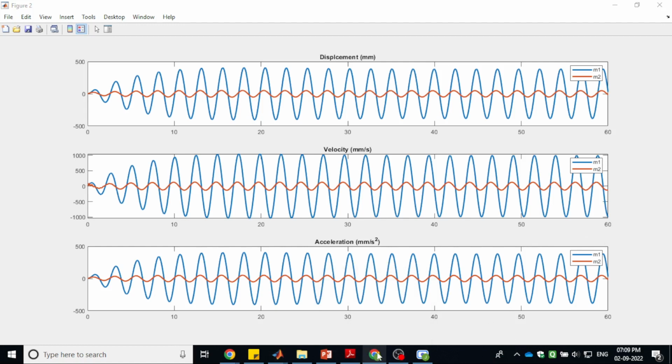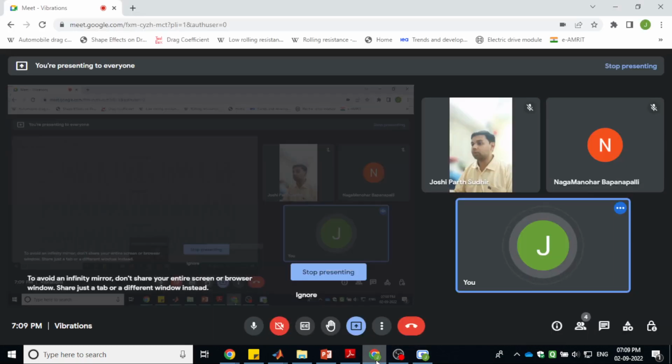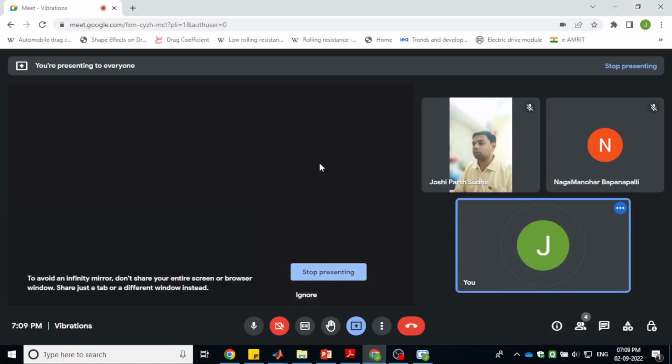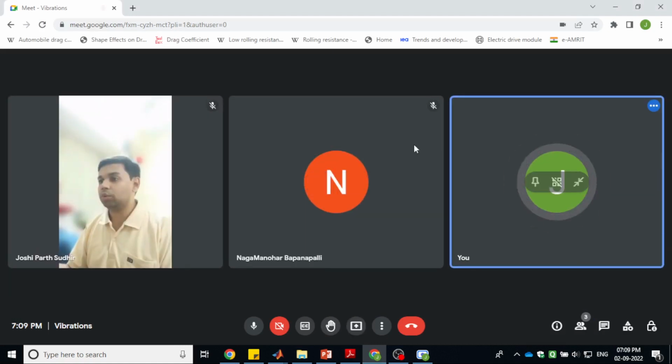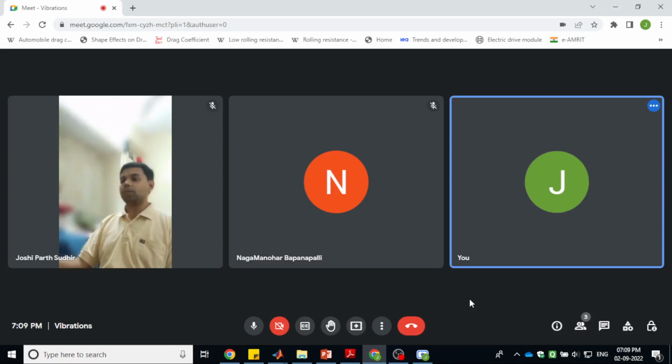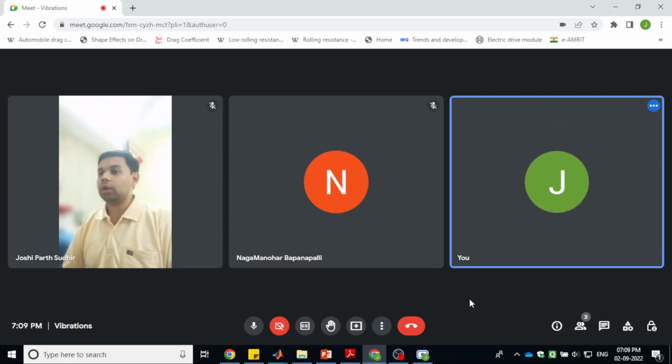So that was all from my end with respect to solving the dynamics of the 2 degree of freedom system. In today's session we saw how we can derive the equation of motion of a 2 degree of freedom system by applying simple Newton's second law.